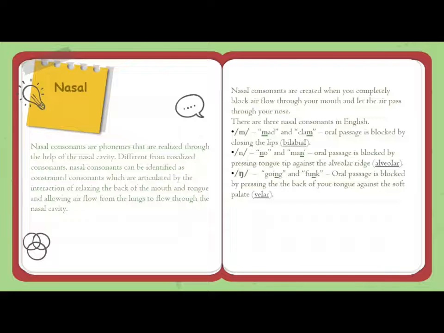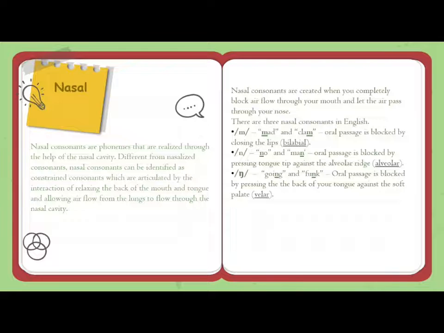There are three nasal consonants in English. The first one is m, as in "med" and "clam." Oral passage is blocked by closing the lips, bilabial. And the second one is n, as in "no" and "man."